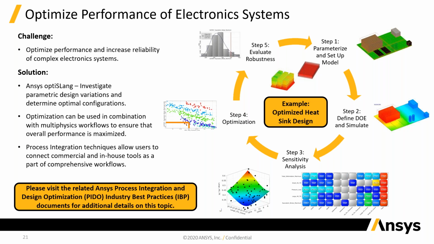And so on the right here is the workflow for the optimization. Number one is you set up your model. In this case, we've designed our initial design of the heat sink. And then step two is you define your DOE, or your design of experiments. So maybe you want OptiSlang to change the number of fins or the size of the fins in terms of their length or width or thickness or whatever the case may be.